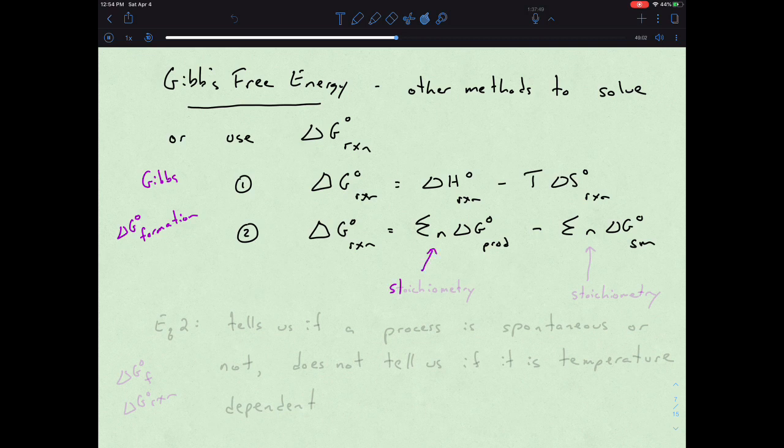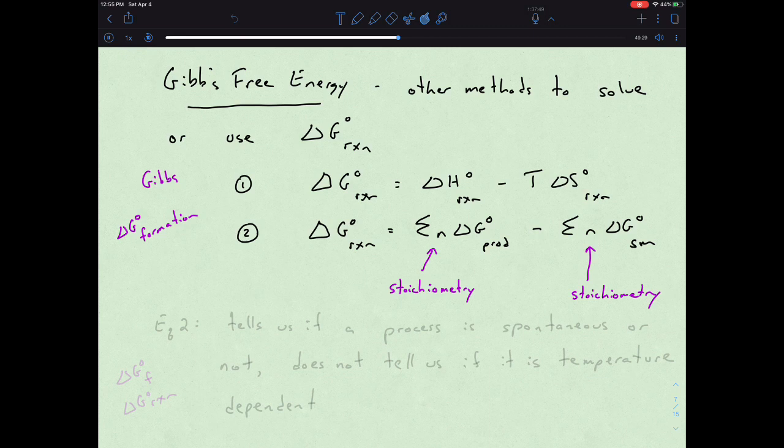We have N here, which is stoichiometry. And so we then have the delta G of formation for our products minus the delta G of formation for our starting materials. And so we can get at a delta G from that angle as well.